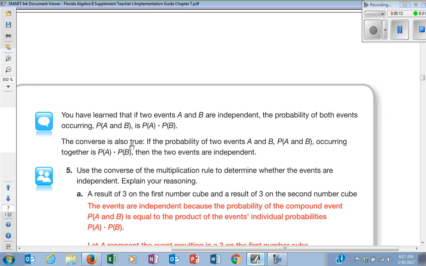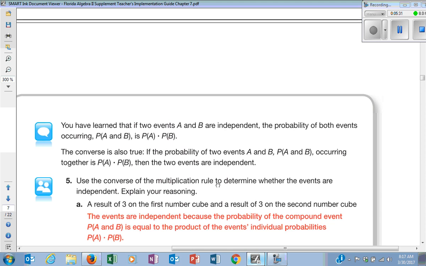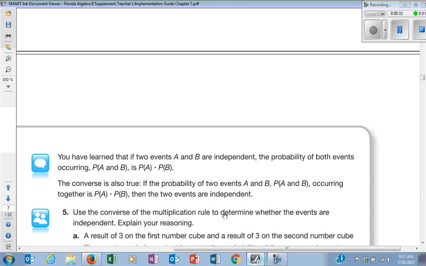The converse is also true. If I tell you that the probability of both events occurring, A and B, is the probability of A times the probability of B, then what do you know about the two events? They are independent.